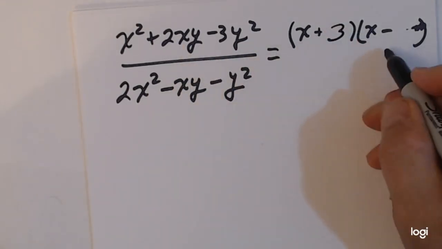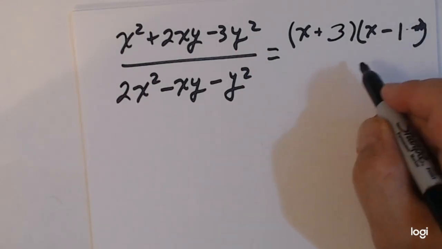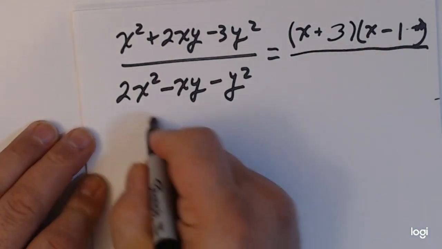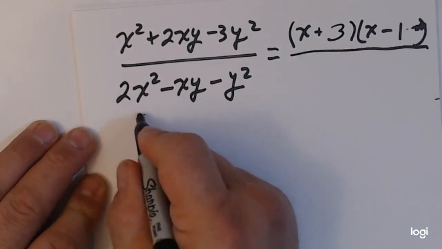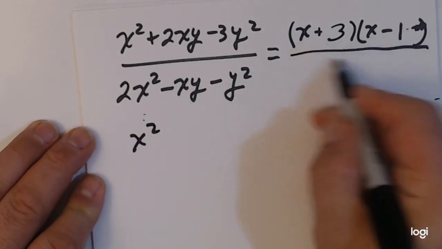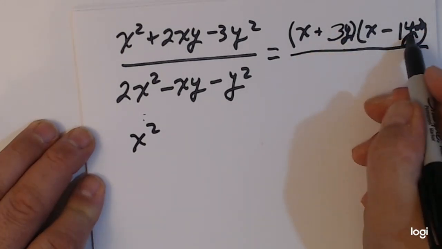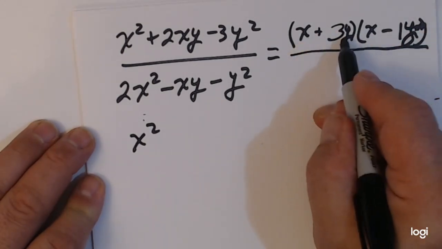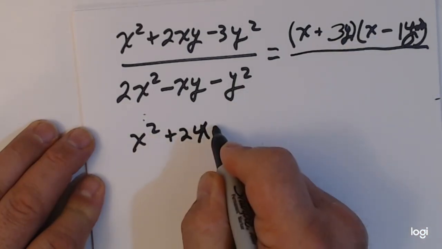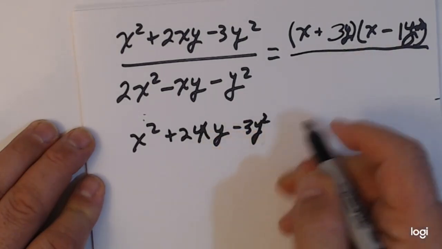And we're going to let the 1 be negative. So if we FOIL this out, we see that we get x squared minus x. Oh, we need a y there and we need a y here. Minus xy plus 3xy is plus 2xy. And then minus 3y squared.